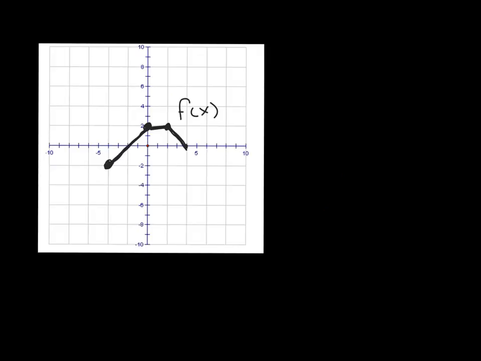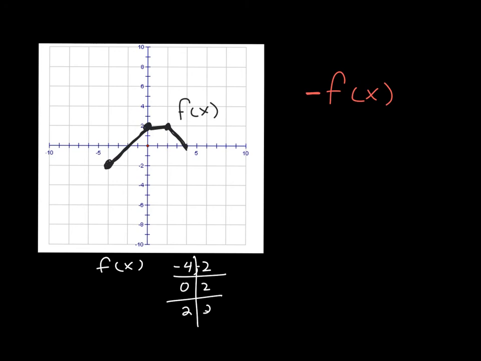All right, we're going to do the same thing with the same function, but this time we want to find out what happens if I multiply this by a negative on the outside. We're using the same points as before. Our original function f of x has those same 4 points: negative 4, negative 2, 0, 2, 2, 2, and finally 4, 0.